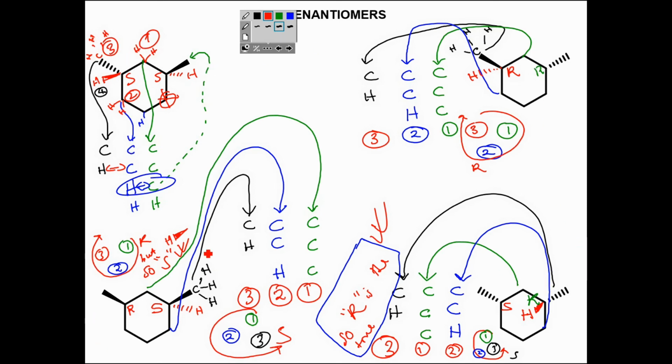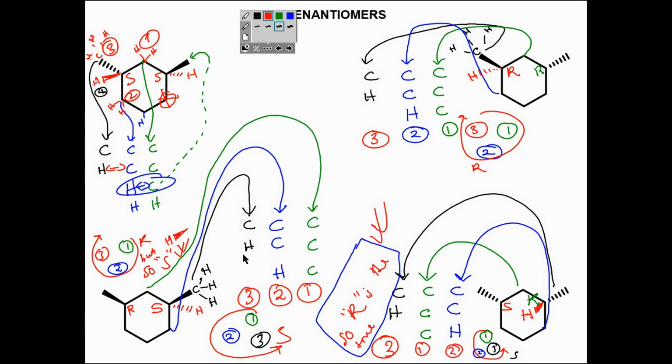So to save time, since you got this one to be an S, this one should be an S without doing the same thing, because you're looking at the same molecular structure, only different in bond wedges and dashes.